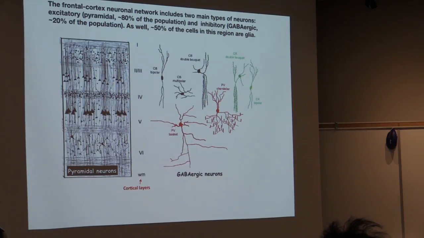So just to give you an idea of that, in a slice of a cortex, which is shown here, there are layers of the cortex. About half the cells in the cortex are glial cells. The other half are neurons. Of that 50%, 80% are excitatory neurons and the other 20% are inhibitory neurons. There's very little known in terms of the molecular differences.